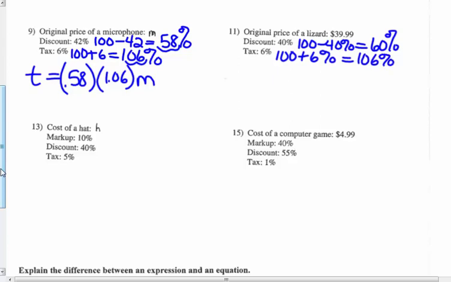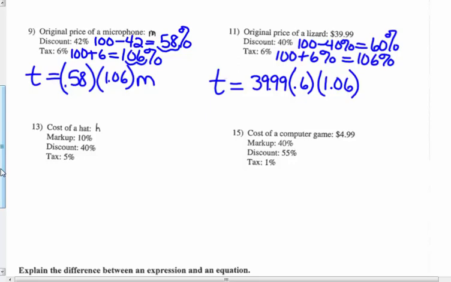So the lizard, which is $39.99, to get the total cost to me if I go buy him at the pet store, it would be that $39.99 times 6/10, 60% of it, and then times 1 6/100ths for the tax.